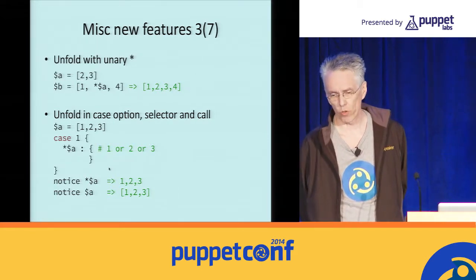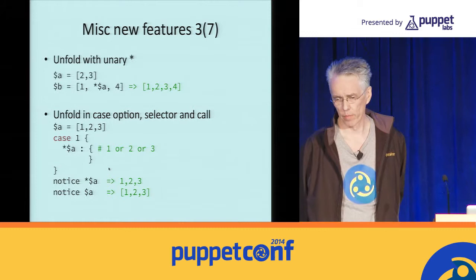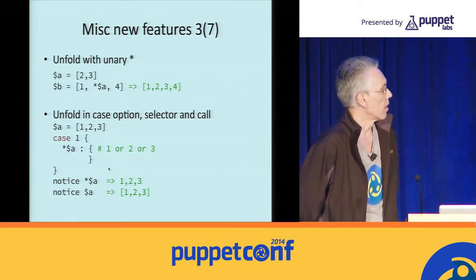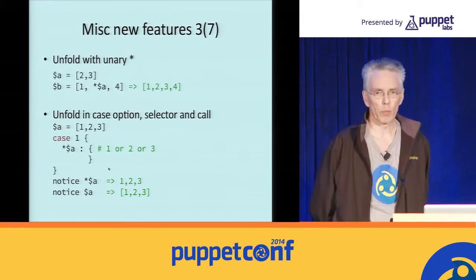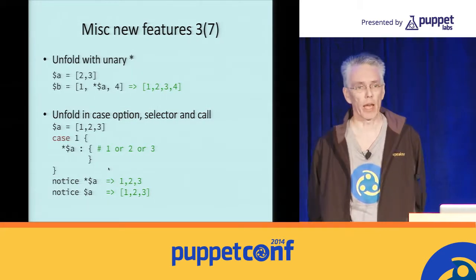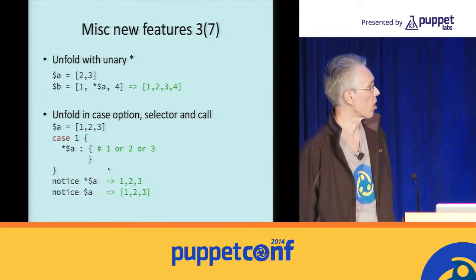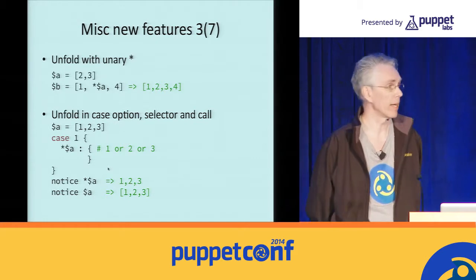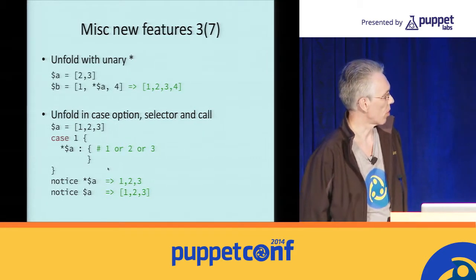In the old logic, if you just do $A there in the case expression, and remove the star, then of course it would match with the array, not the individual elements of that array. If I do the star, I unfold it as if it said 1, 2, 3, which is what star $A is now.